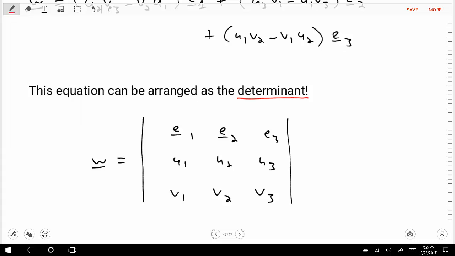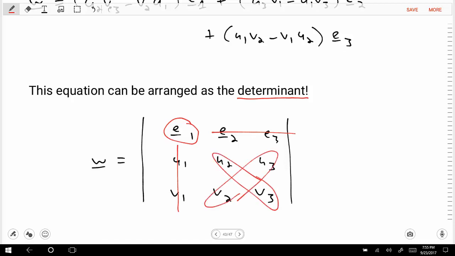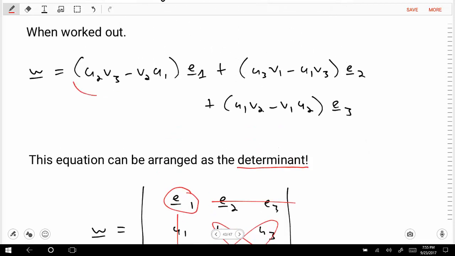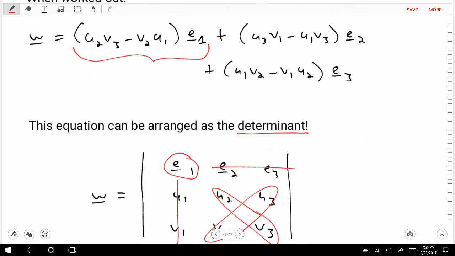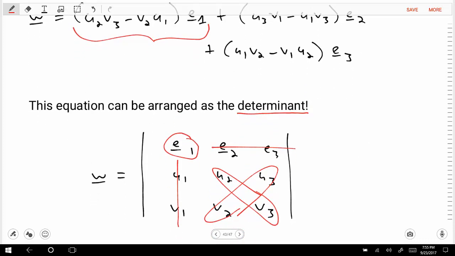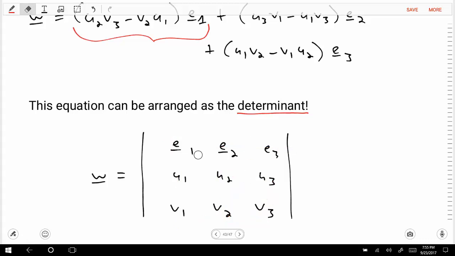Now let's remind ourselves about determinants. We cross out the first row and column, we multiply by that first term, and then we cross multiply minus this term to produce the first element. And we repeat that process in order to get our additional two elements, shifting the row and column that's crossed out.